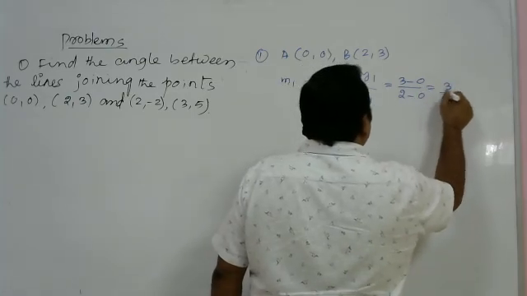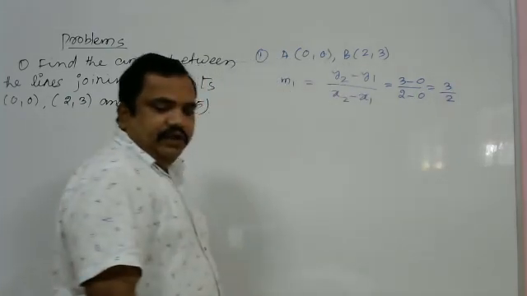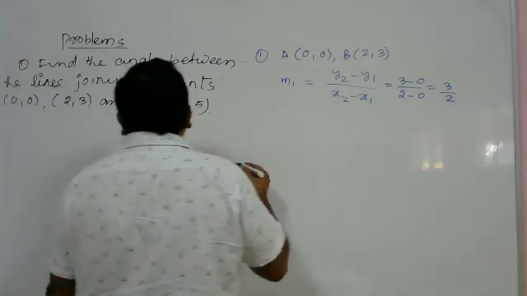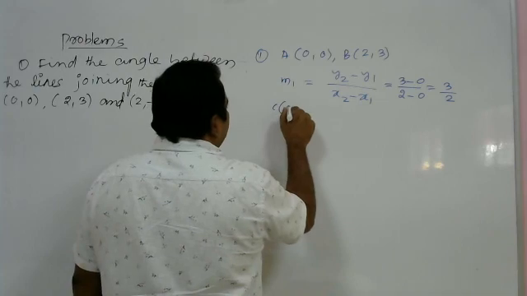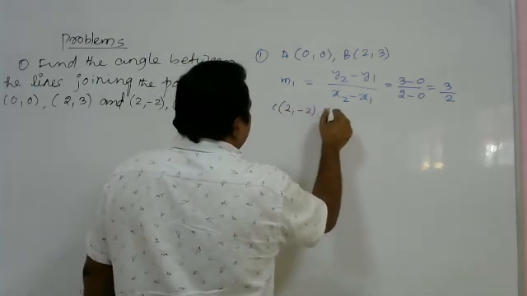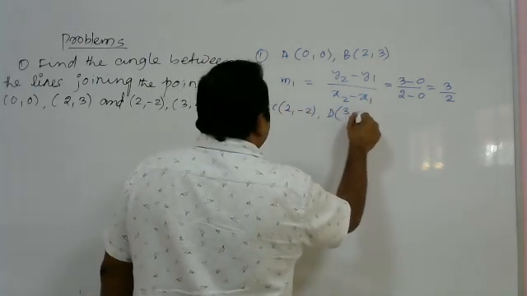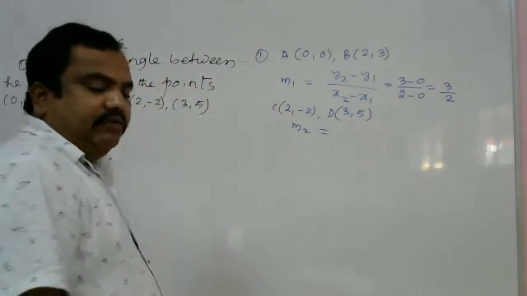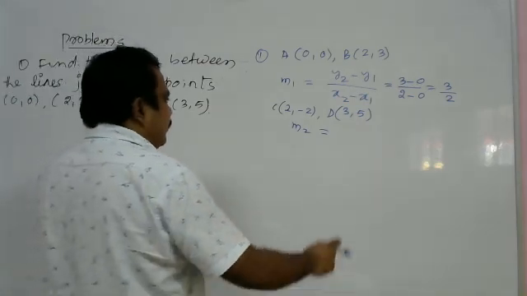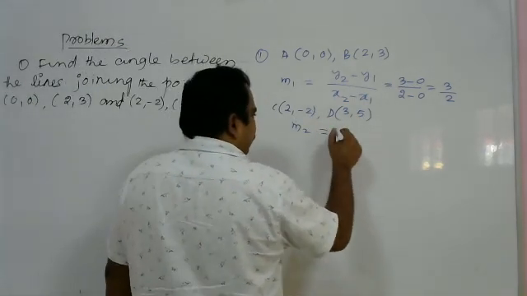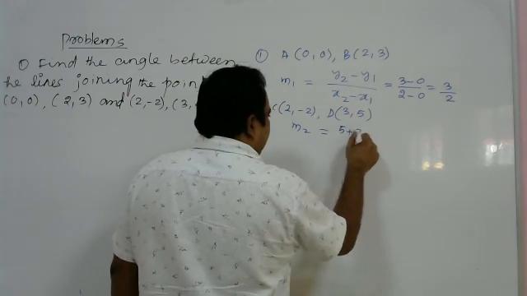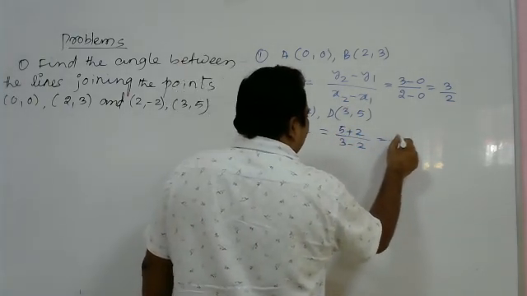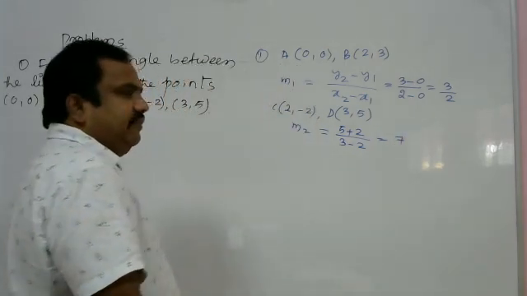So it should be 3 by 2. Next, C is (2, minus 2) and D is (3, 5). What is the slope here? Same formula: y2 minus y1 by x2 minus x1. So 5 minus of minus 2, that is 5 plus 2, divided by 3 minus 2. How much is this? 7 by 1, that is 7.